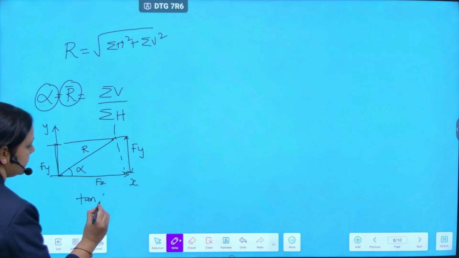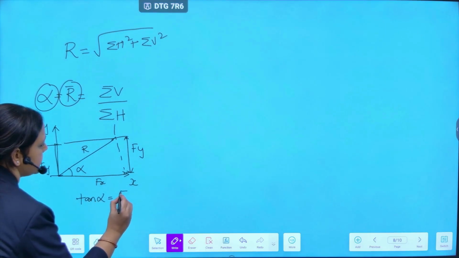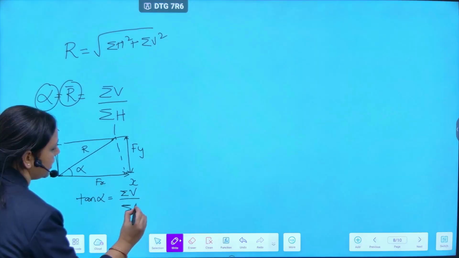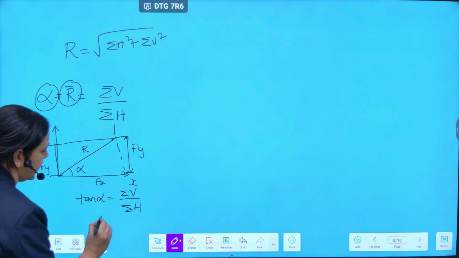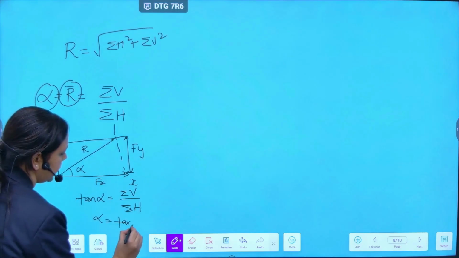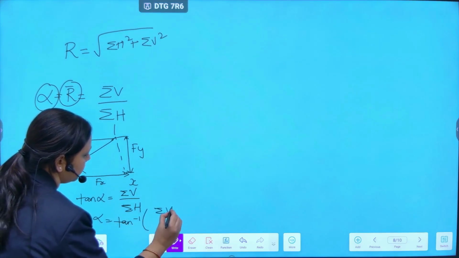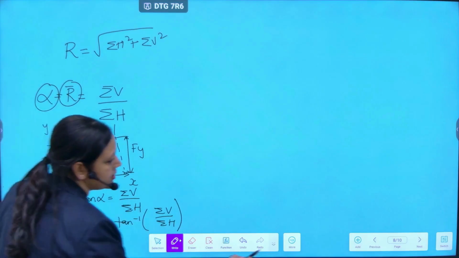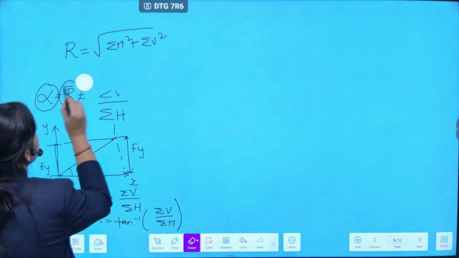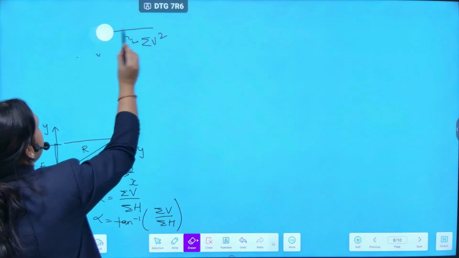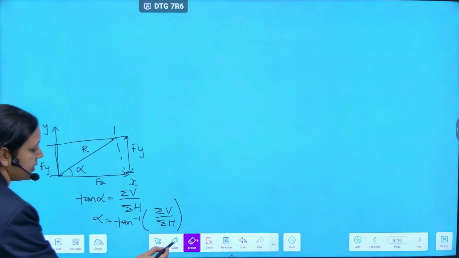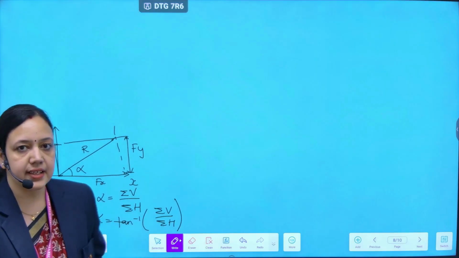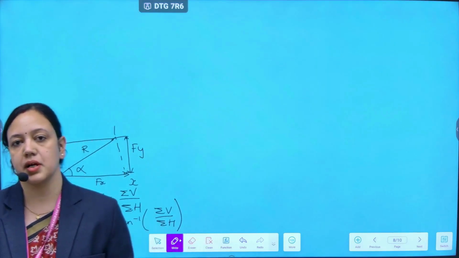So tan theta is equal to Fy by Fx, and this is nothing but sigma v by sigma h. So alpha over here is tan inverse of sigma v by sigma h. This is how we get the angle of the resultant force.